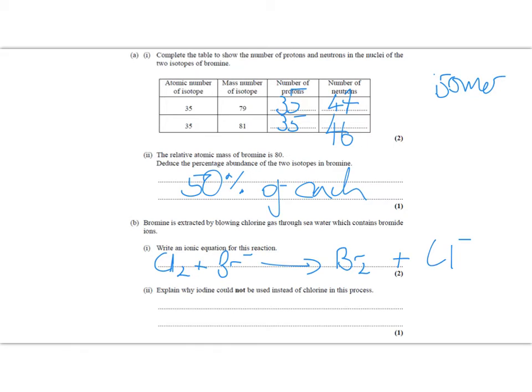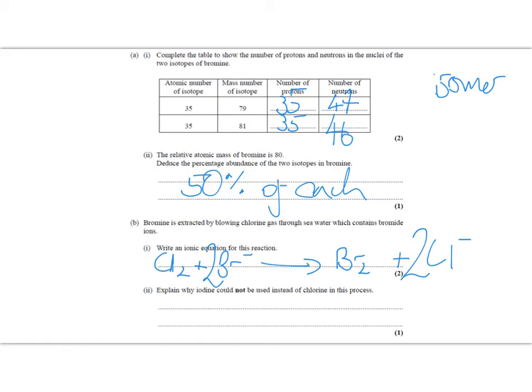Now on the right we have two bromines, on the left we only have one, so let's try and balance that by putting a 2 here, and here we have two chlorines and only one over here, so I'll put a 2 there, and that balances both the charges and the number of each atom in there.